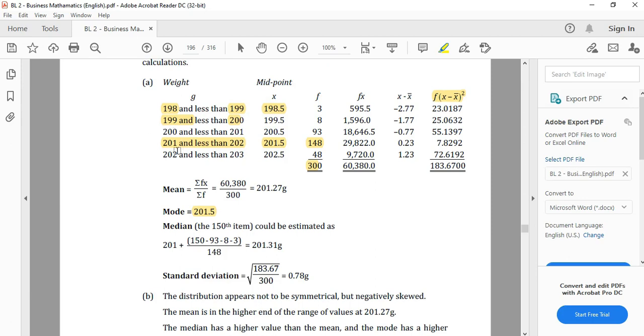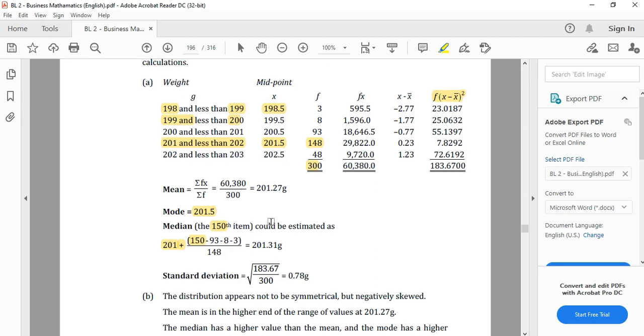So it starts from 201. So you put 201 as the beginning value. Then add, because definitely it's going to be a bit higher. Even though they say it's the 150th term, it's actually 300 plus 1 divided by 2, which gives the 150.5 term. Anyway, we then take 150.